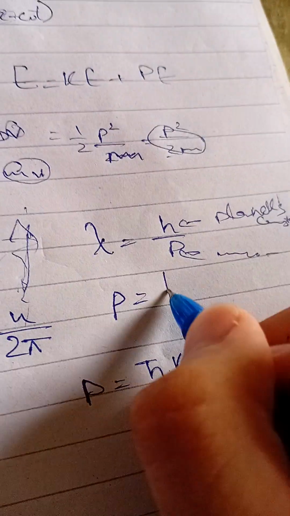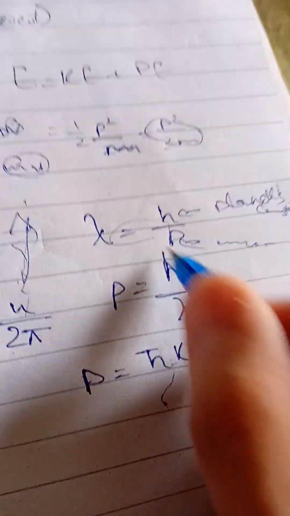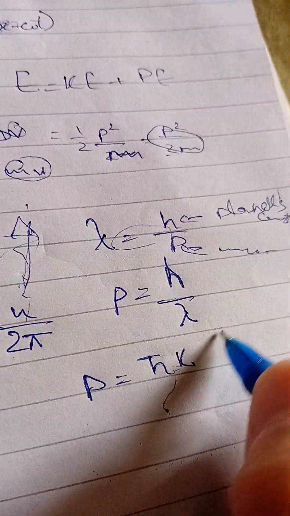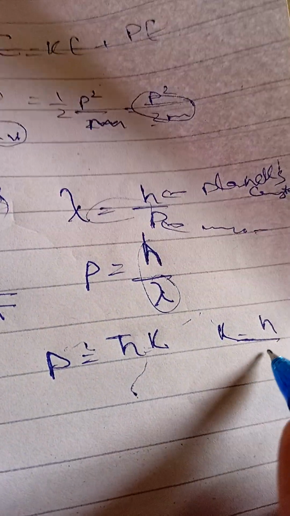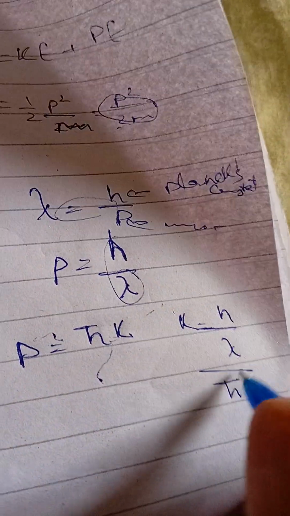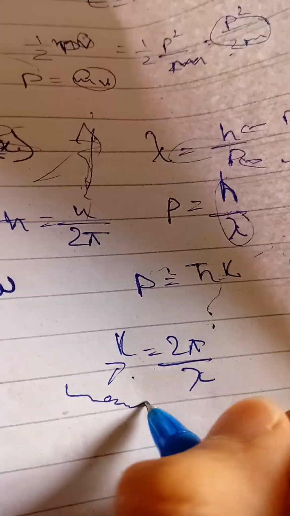Since momentum is h over lambda, our wave number is 2 pi over lambda. This is just the derivations, not actually important for the real differentiation.